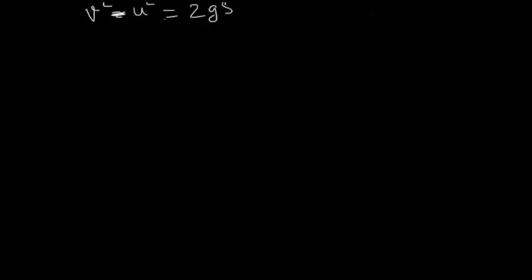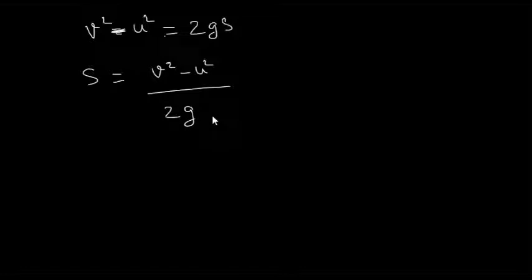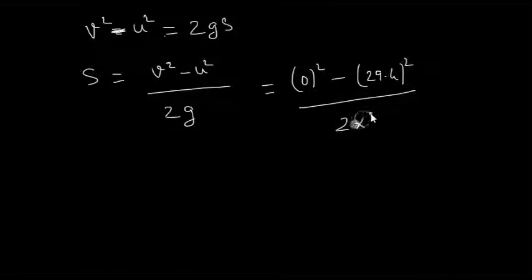Therefore, we can write s is equal to v square minus u square upon 2g, which is equal to 0 square minus 29.4 whole square upon 2 multiplied by minus 9.8, which gives 44.1 meter.